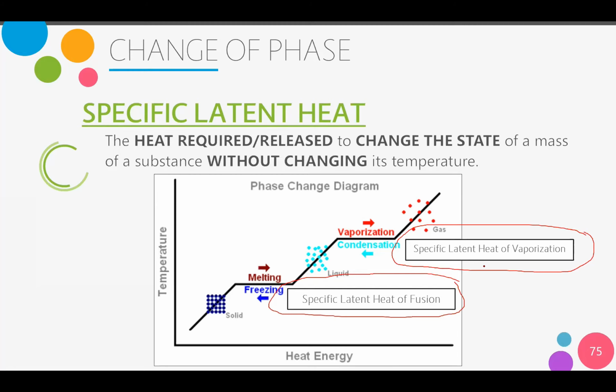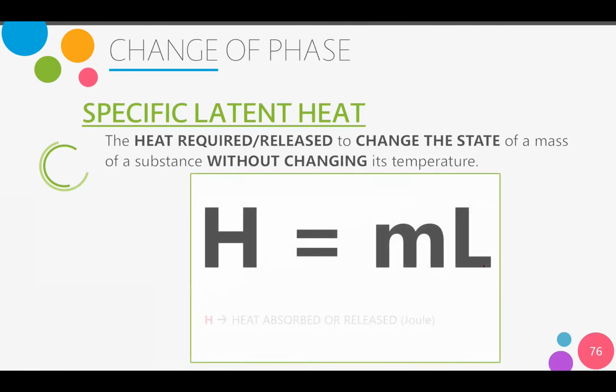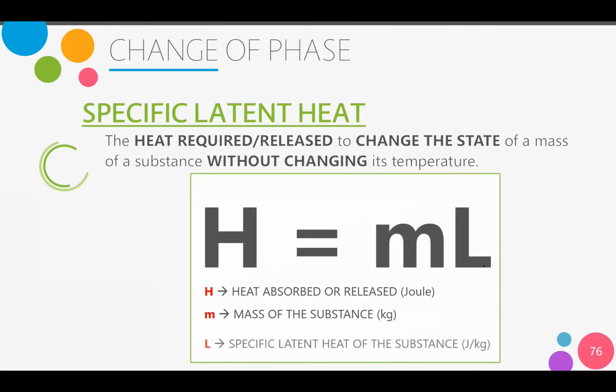So ito yung two types of specific latent heat. So we have fusion and vaporization. And to solve for those specific latent heat, we will use this equation. And these are their SI units, which is joule for heat, mass in kilogram, and specific latent heat in joule per kilogram.